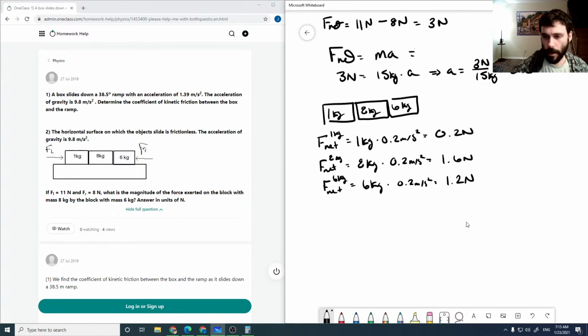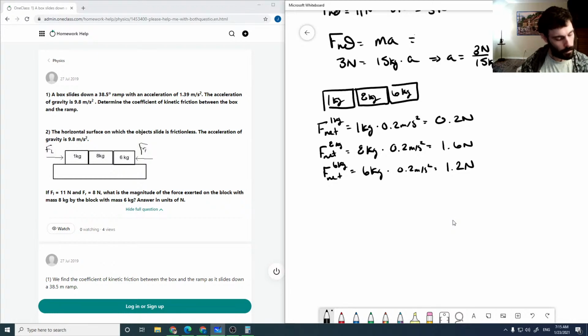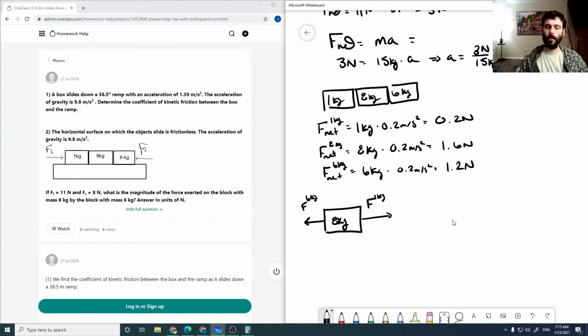So those are our individual forces on those blocks. Now we can decompose our 8 kilogram block to figure out, so it's going to get a force from the 6 kilogram block, which I'm going to call F6 kg, and a force from the 1 kg block, which I'm going to call F1 kg.